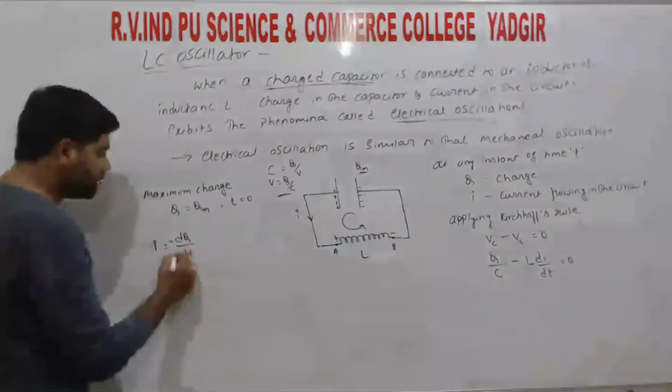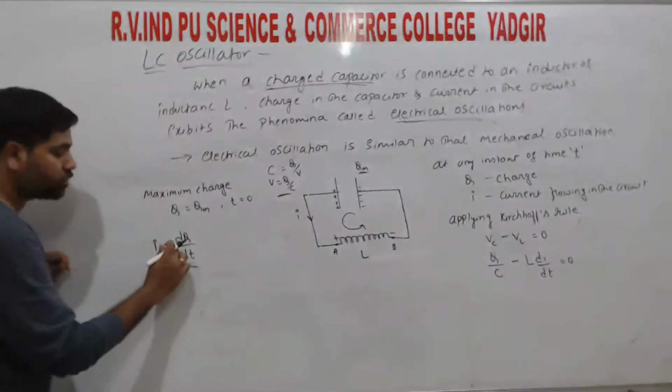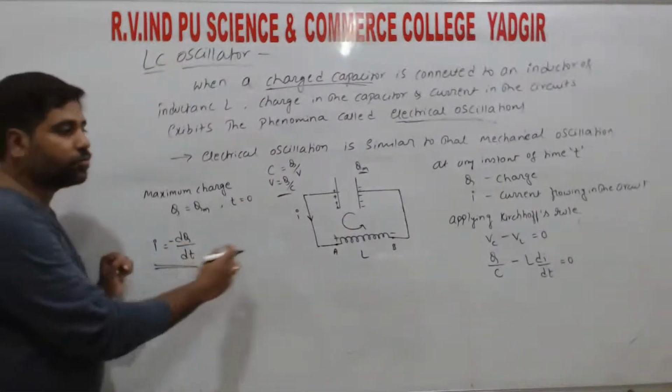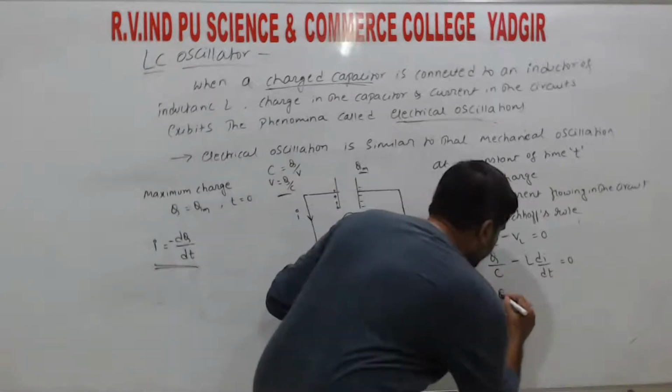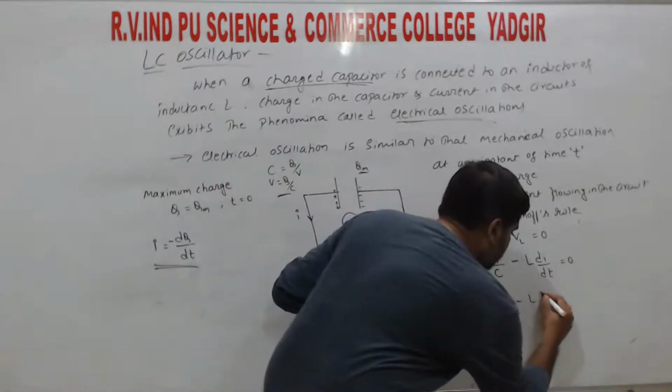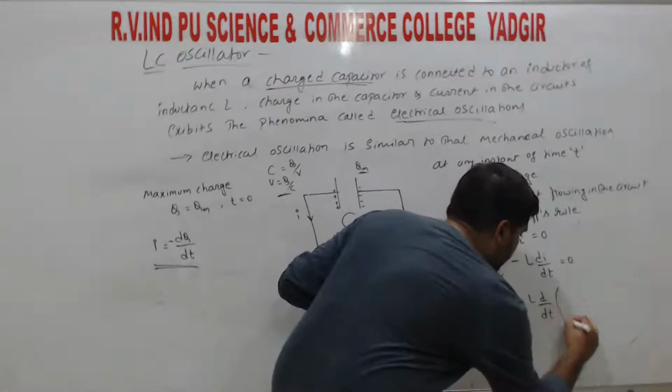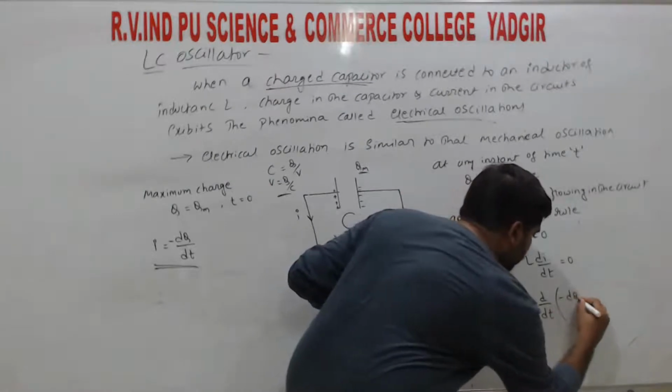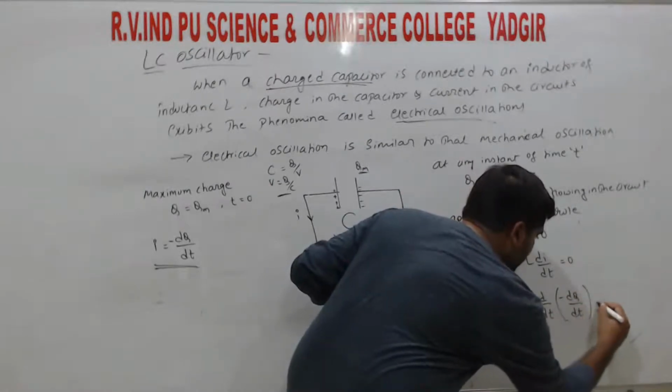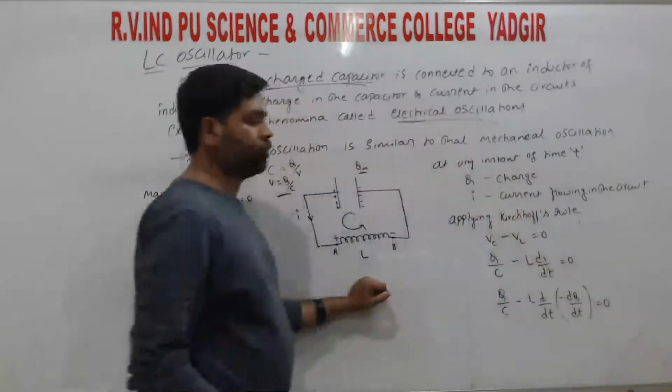Again, from the relation we took, I equals minus dq by dt. Substituting here, we get Q divided by C minus L d by dt of minus dq by dt, equals 0, right?